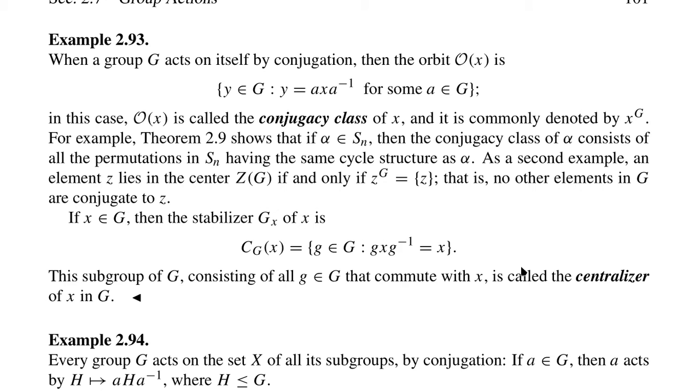So if alpha is a 4 cycle or 5 cycle or 3 cycle, something like that, the conjugacy class of alpha is going to be all the permutations in Sn that match that cycle structure. So yeah, that's the conjugacy class.